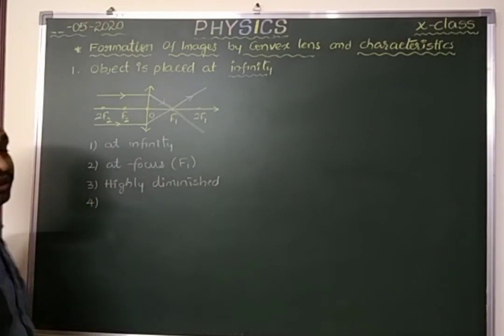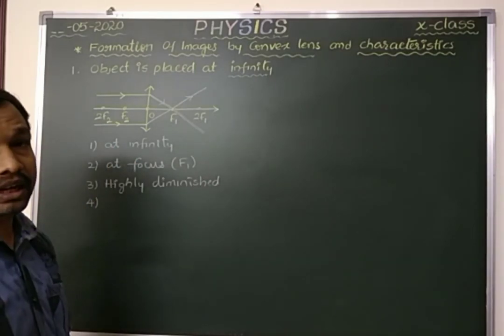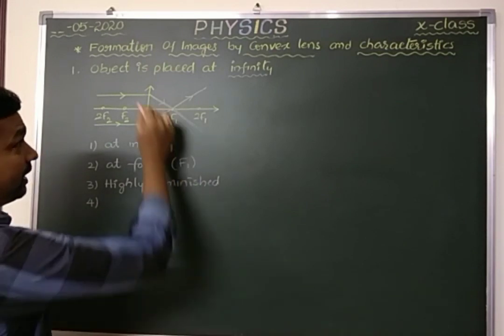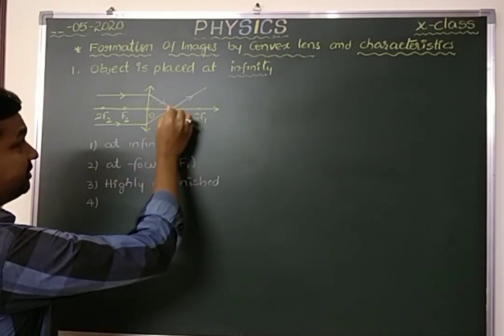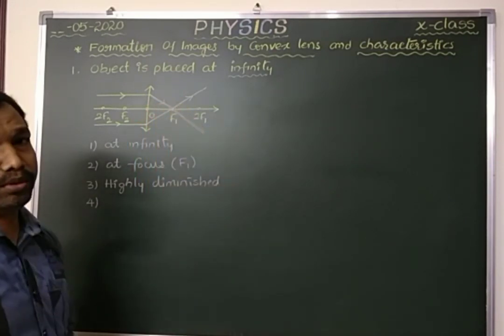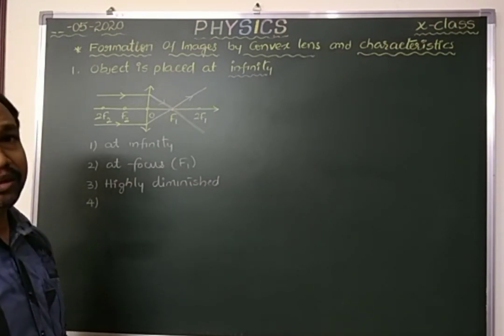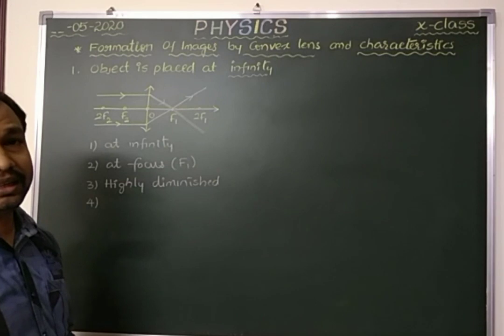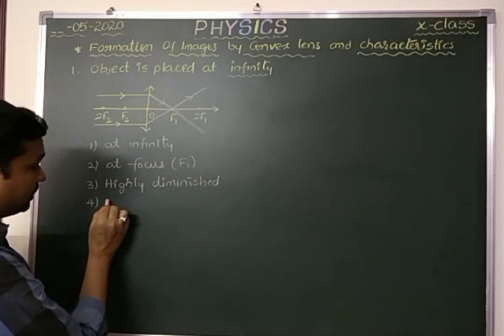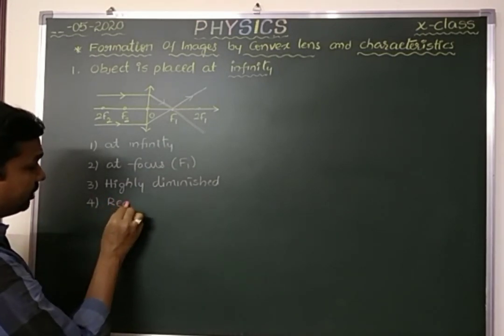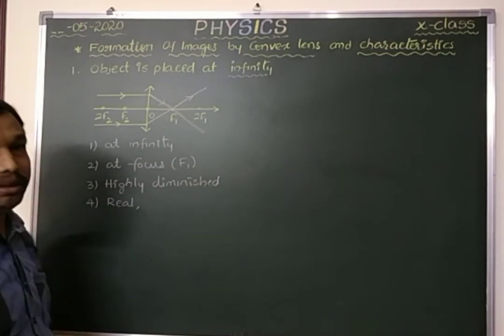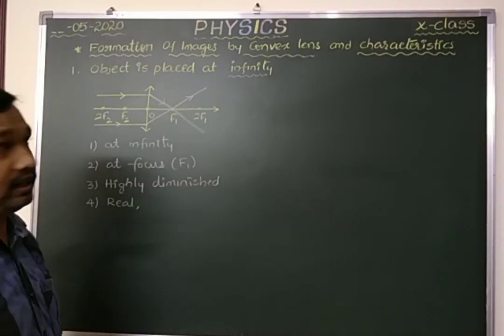What is the nature of the image? Is it real or virtual? The light rays are directly converging at a common point, so we take it as a real image. Why? Because we can catch it on a screen. So this is a real image, and we know a real image is always inverted.